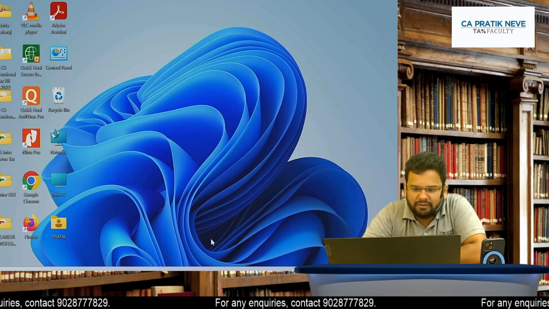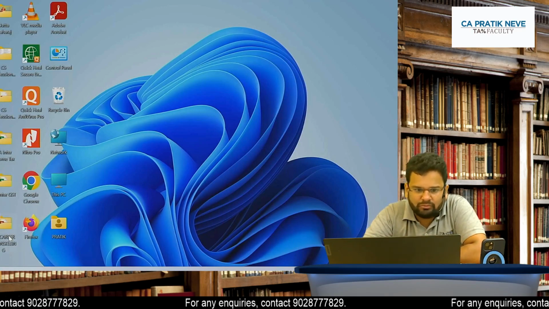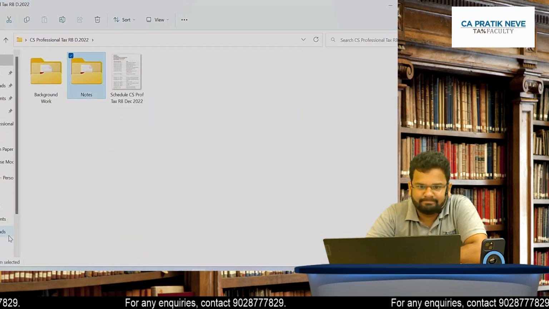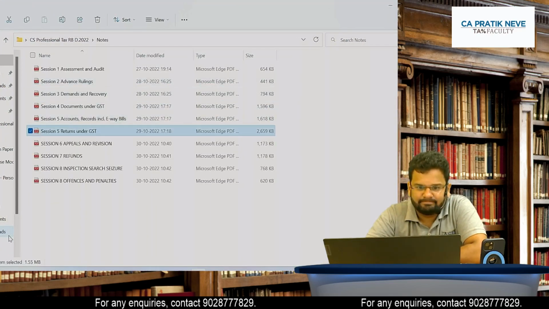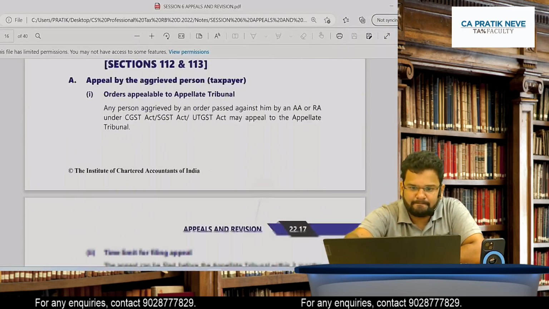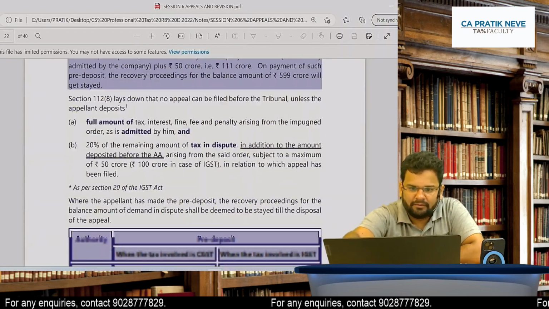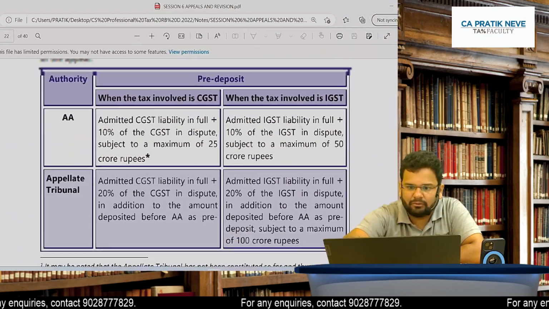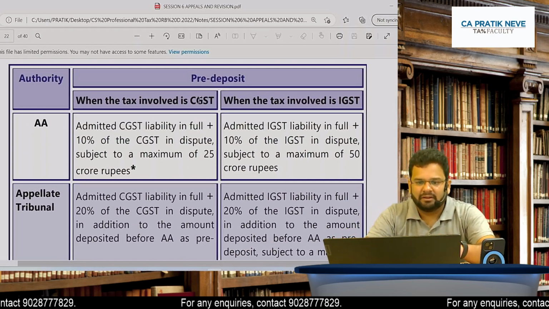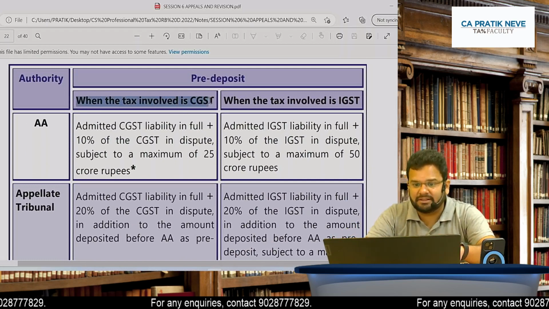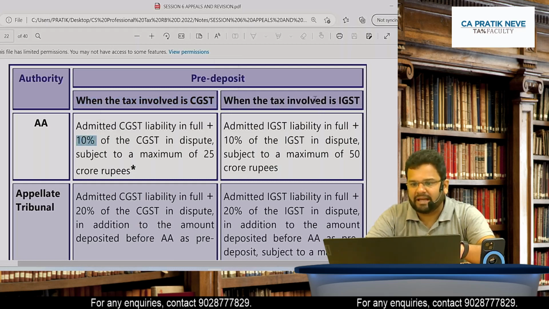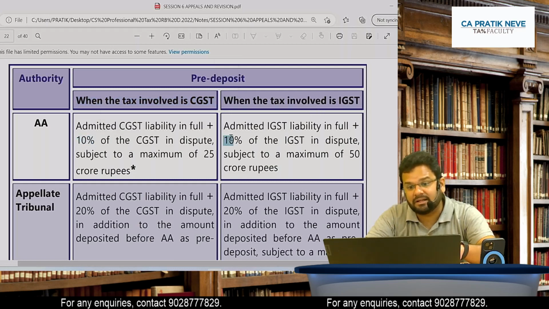Even if I open the module and show you, check, दोनों जगह पे 10% है ना, देख लो. The column here says where tax involved is CGST, 10%, and when tax involved is IGST, still 10%.